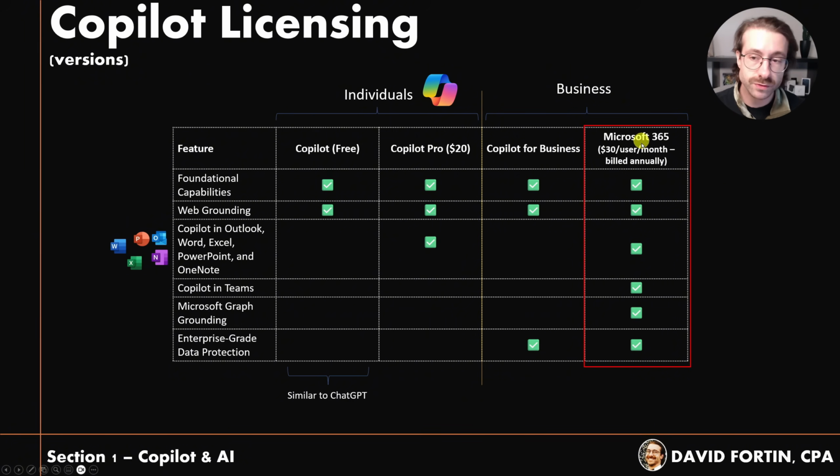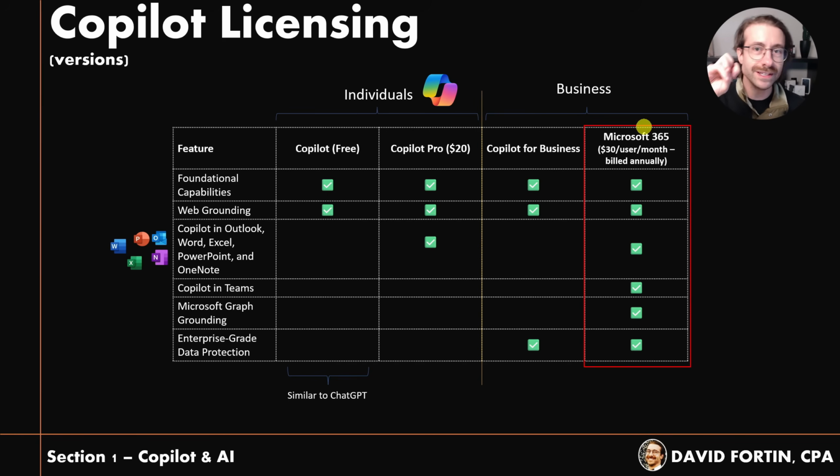But where it's really important is the Microsoft 365 Copilot, right? So this is on top of your Microsoft 365 license. So if you pay for E3 or E5, this is on top. You'll need to pay something more. And it is $30 per user per month at the time of recording this video. And it's billed annually.